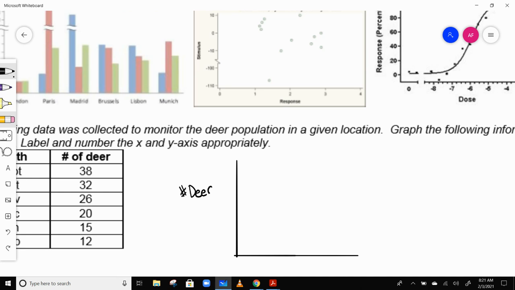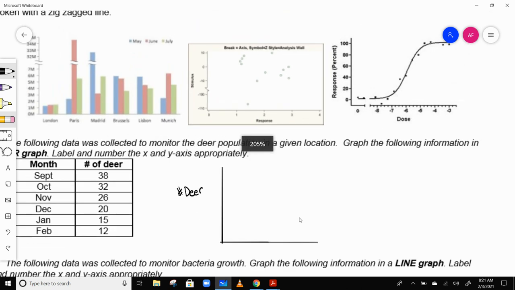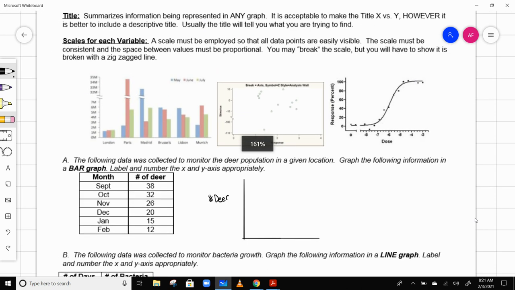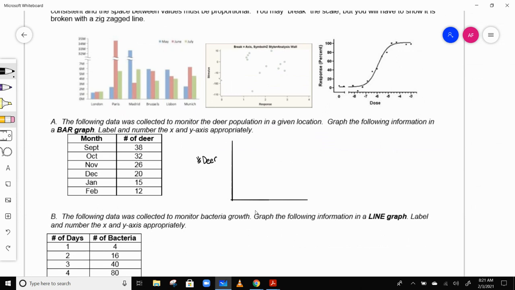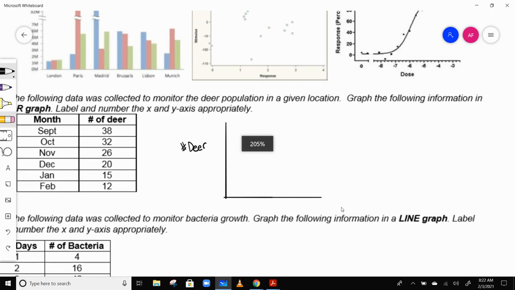If there was a units thing there, we'd use units, but in this case, there are no units. And then on the x-axis, we have the manipulated, or the independent variable that we are choosing ourselves, so that's going to be month.